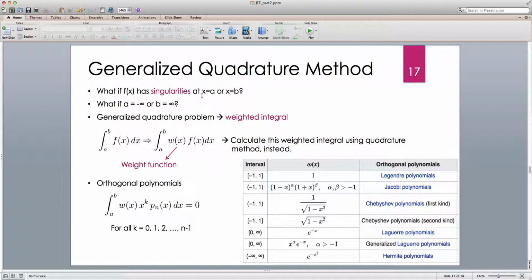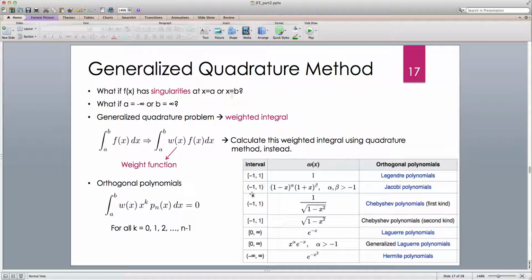So if the function doesn't have any singularity over a and b, it's well defined. When we map it to -1 to 1, the function is perfectly defined in -1 to 1, also at the edge points -1 and 1. And therefore the weight function is 1, and the orthogonal set of polynomials that we use to find the weights and quadrature points are the Legendre polynomials, as we saw previously.